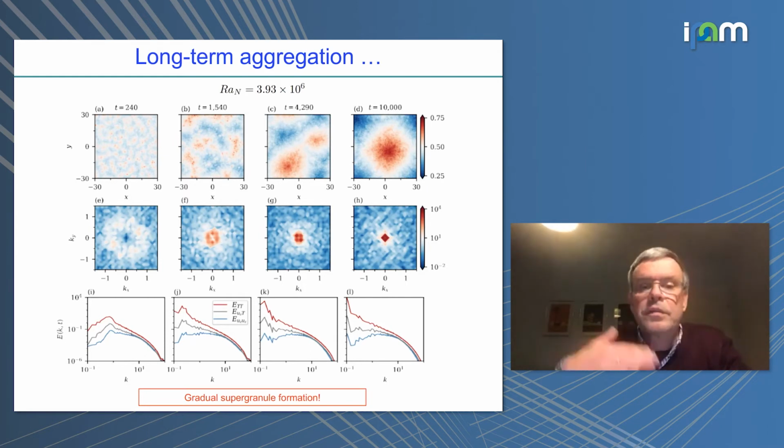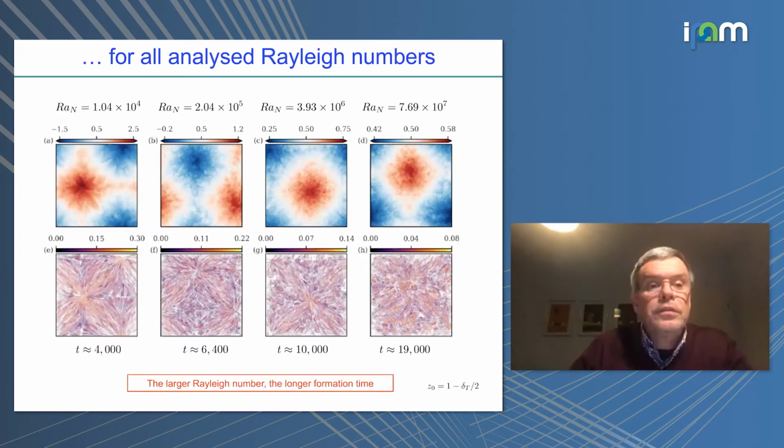You can do this close to the surface, you can do it in the middle, so that's a pretty robust feature. And this process is observed for all Rayleigh numbers that we actually could obtain in the series where we have free slip boundary conditions for velocity and Neumann for the temperature. So this is again the temperature field.